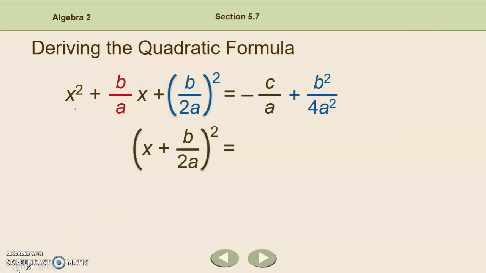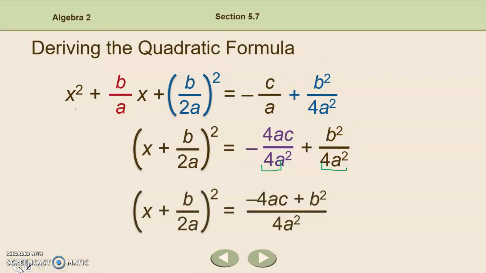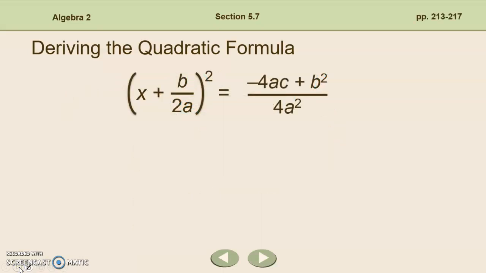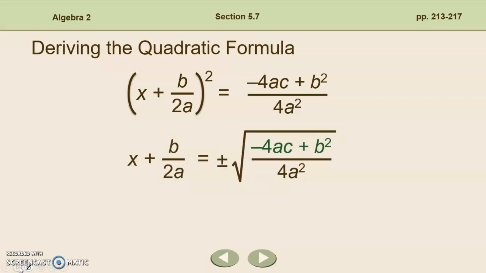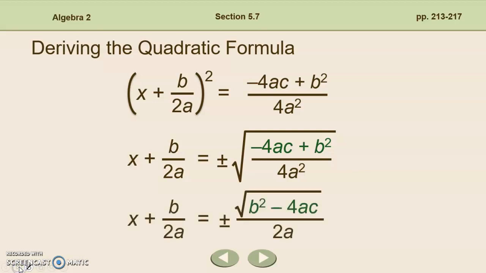We then are going to finish our completing the square. We get x plus b over 2a squared equals 4ac over 4a squared plus b squared over 4a squared. We had to change this so that it had a common denominator so that we could combine those terms. Okay, combining our terms gives us this. Again, this is not something that you need to replicate, but if you want to know where the quadratic formula came from, we then take the square root of both sides, and then we're trying to solve for x.